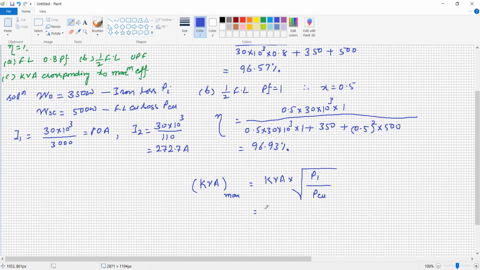So 30 kVA into the square root of 350 divided by 500 equals 25.09 kVA. So at this kVA, it will show the maximum efficiency.